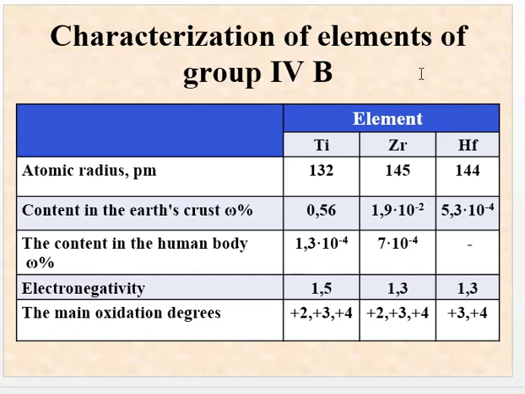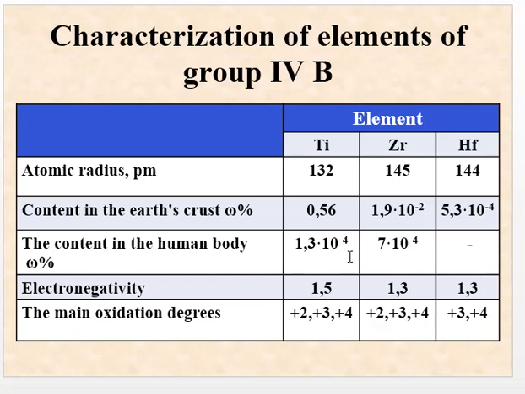But which characteristics do these elements have? About the atomic radius of titanium, zirconium and hafnium, we can see these numerals, the content in the Earth's crust, and the content in the human body. As you see, in the Earth's crust, titanium 0.56, zirconium 1.9 multiplied by 10 to the minus 2, and hafnium 5.3 multiplied by 10 to the minus 4, is very little content.